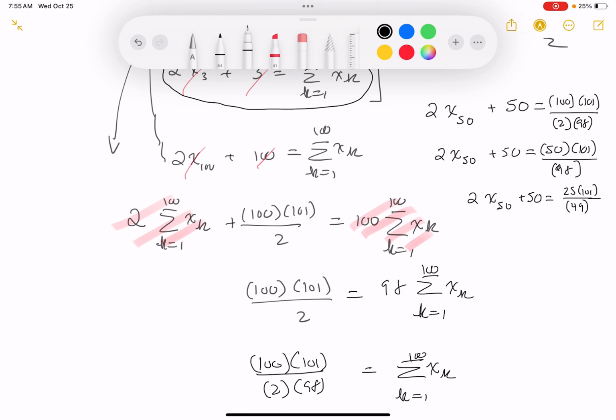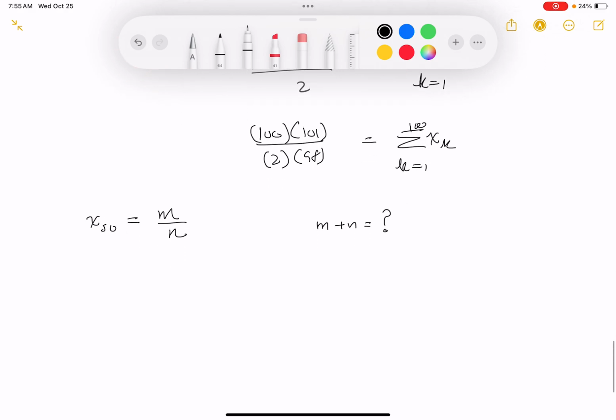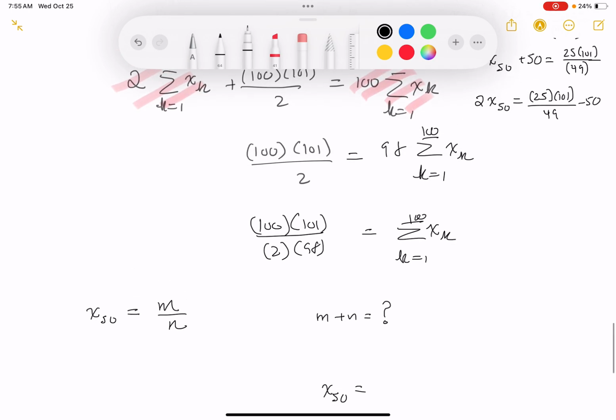And let me take a look at that. No, that's about all I can do there. I'm going to take 50 from both sides. Well, it's getting nastier and nastier, isn't it? Let's put this down. Maybe do it over here, x50. 25 times 101. I'm not going to do that yet, by the way.